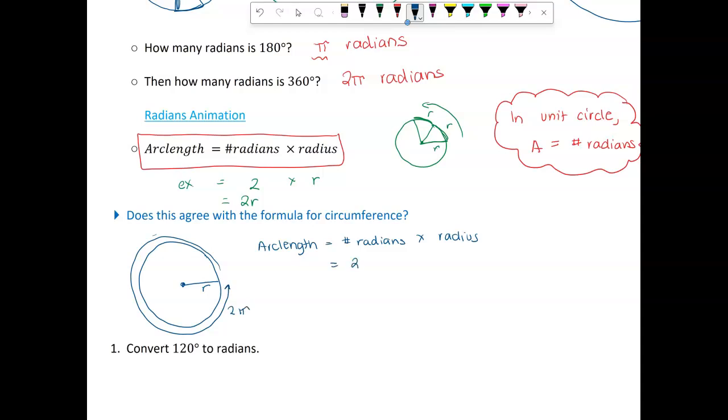So we'd say 2 pi. And the radius is just r. Now that simply becomes 2 pi r. Doesn't that sound familiar? That is exactly the formula for circumference. So this arc length equation for a circle makes sense, and it applies back to that circumference formula. And now you know where it comes from.